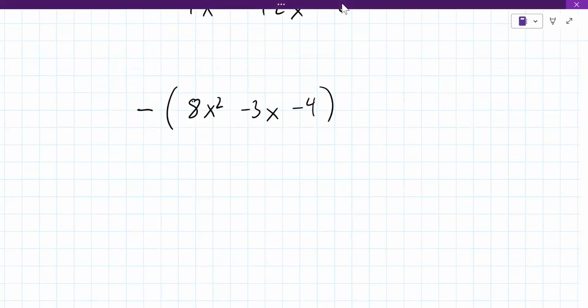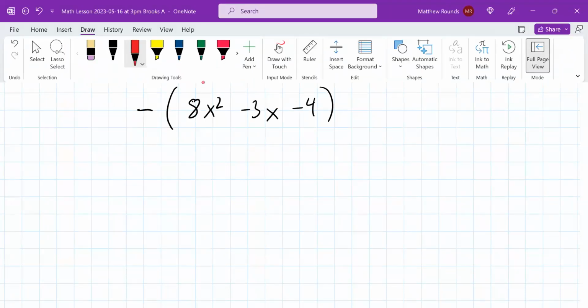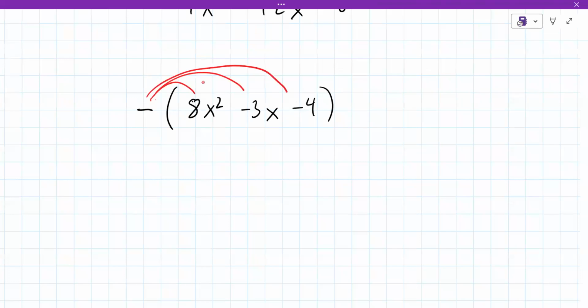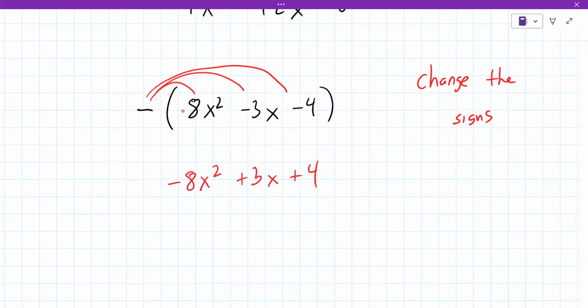All right. So the next type of problem you'll see is where they just put a negative out in front. It'll be like negative, say, 8x squared minus 3x minus 4. And when you see this negative out in front, it means to distribute that negative to everything. In other words, you're going to change the signs. Whatever it is inside here, like notice that 8 is positive, it becomes negative 8x squared, positive 3x, positive 4.